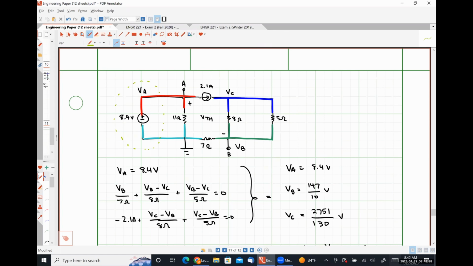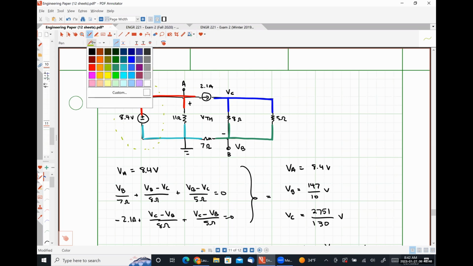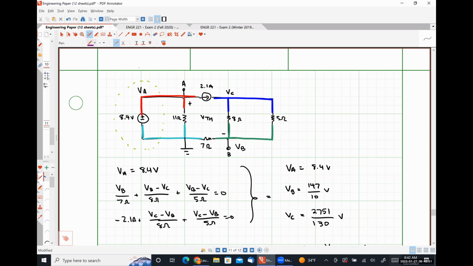Now, technically speaking, anytime that you have a resistor in parallel with a voltage source, that gets lumped into the supernode. The reason being is that the current is going to flow. So let's say that our ground was somewhere else. Just bear with me here just a moment. So we would be writing a KCL equation for all of the currents leaving this supernode.